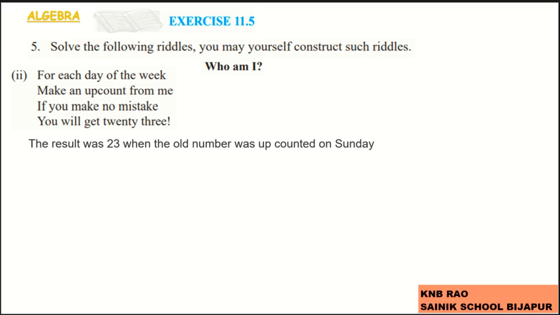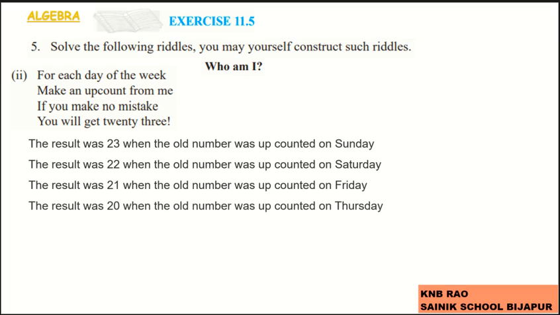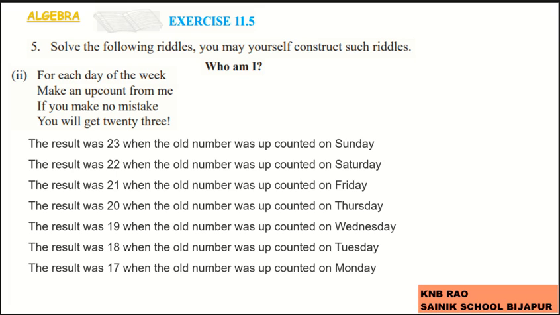That means it must be 22 when it was up counted on Saturday. That means 21 when the old number was up counted on Friday, 20 on Thursday, 19 on Wednesday, 18 on Tuesday, and 17 on Monday.